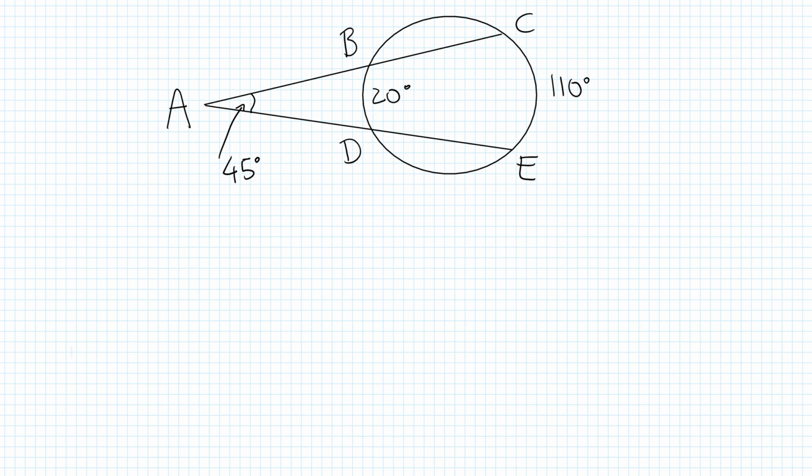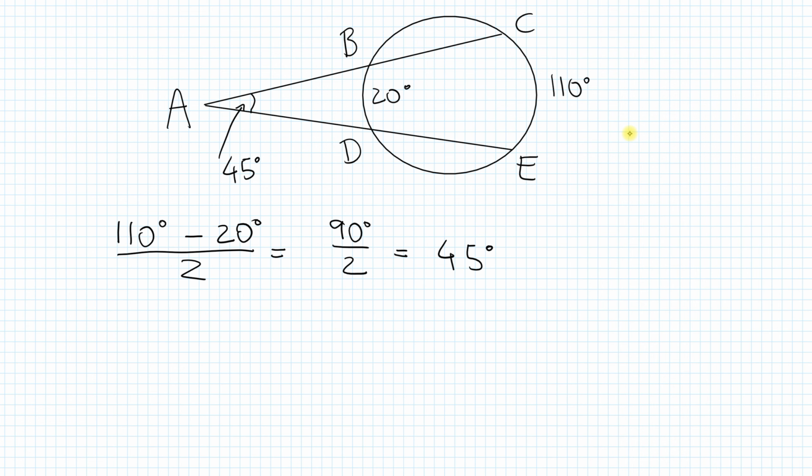Okay, so let's reconvene here. So if you take 110 degrees, subtract 20 degrees, and divide it by 2, what do we get here? So here we get 90 degrees divided by 2, equal to 45 degrees, okay?